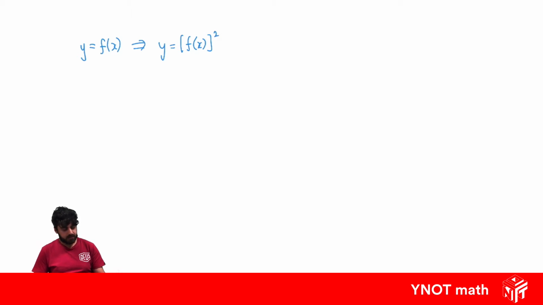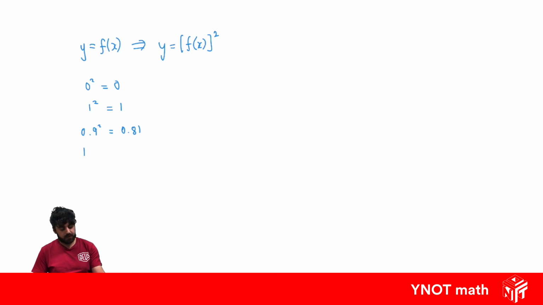And some things to note is that 0 squared is just 0, 1 squared is 1, a value in between 0 and 1, let's say 0.9 squared, is going to give us 0.81, so it's going to be less than the original value.